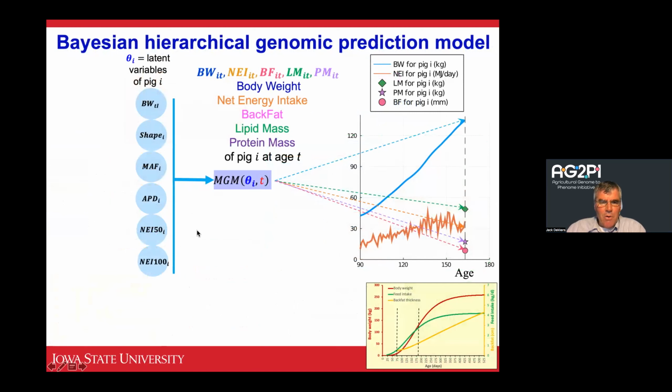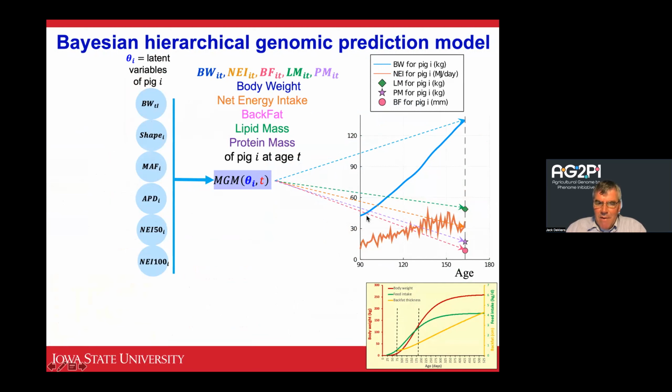So this is what that then looks like. Now we are formulating it in terms of net energy intake rather than feed intake. We have body weight at different times, and latent variables relate to the body weight curve and the feed intake, and also protein deposition as an underlying variable.